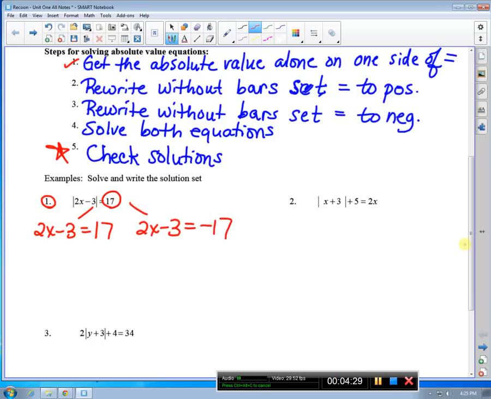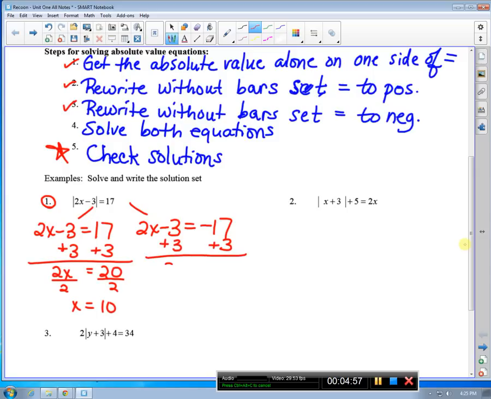So you're going to take whatever is on this side of the equation and keep it and negate it for your two equations. We're going to solve both equations. Adding 3, dividing by 2, adding 3, dividing by 2.